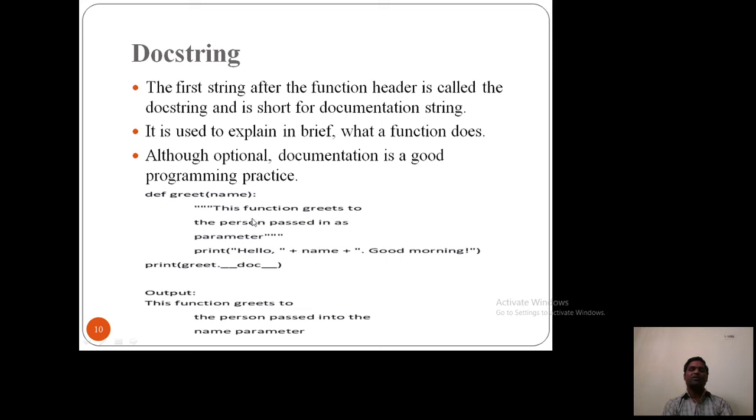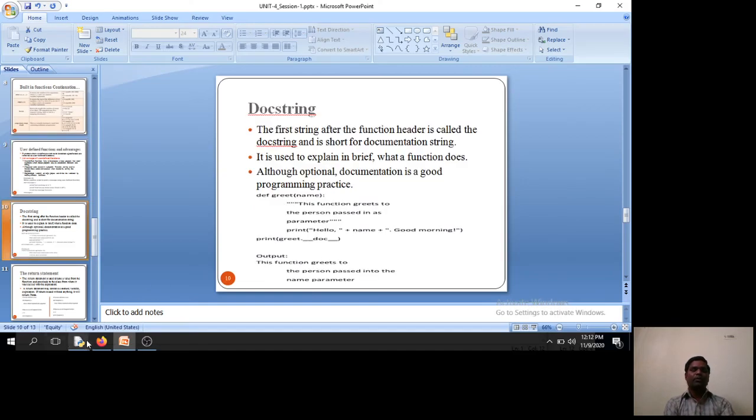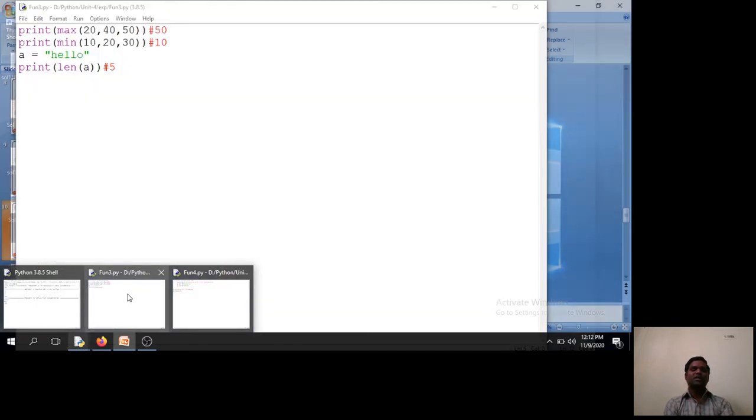Whenever I call this function, that particular function will be executed. We will see this example in our terminal. Whatever first string after the function header is known as a documentation string, and it is useful to give a brief explanation of what the function does. Now we'll see the example of this documentation string.